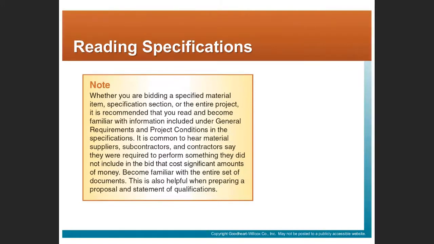So again, there's a lot of stuff in the specifications over and above what is on the drawings. Depending on your role in the construction process, if you're an architect or an engineer writing the specifications, you're using the specifications as a tool to make sure that the final product reflects the design intent.